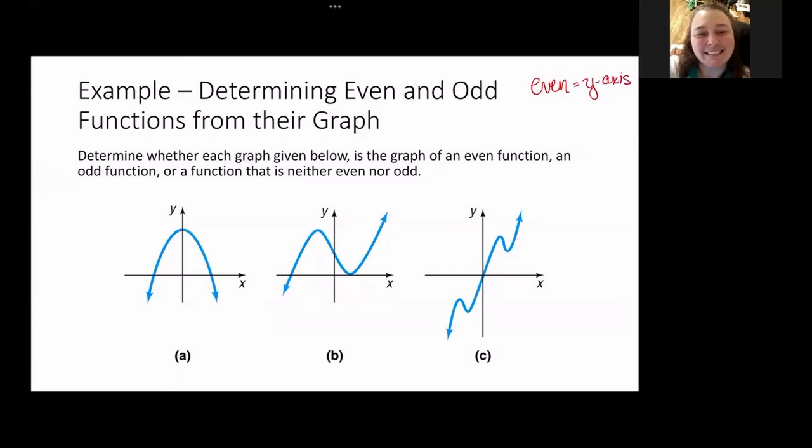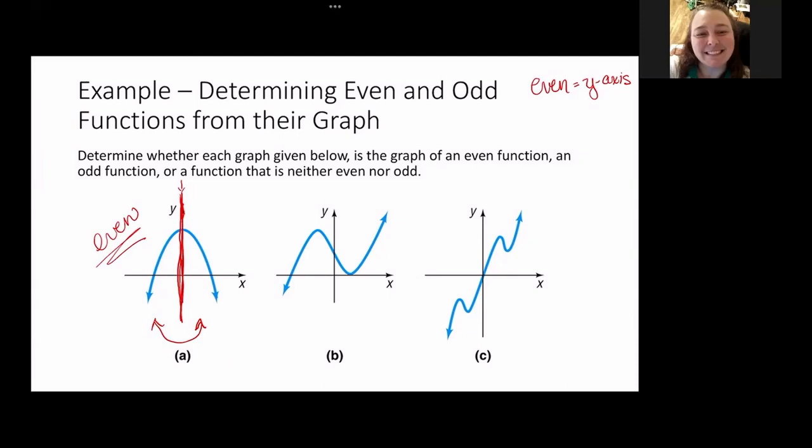So if I take the y-axis here and I look on both sides, this is symmetric about that axis. If I were to fold it right on this line right here, these would be identical. So that means that this one is even. I can tell that just by looking at the graph because, like I said, if I fold it along that y-axis, we're good to go.